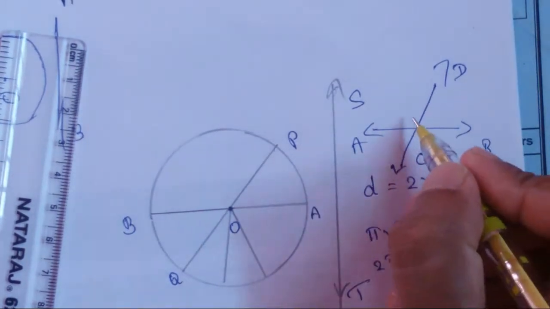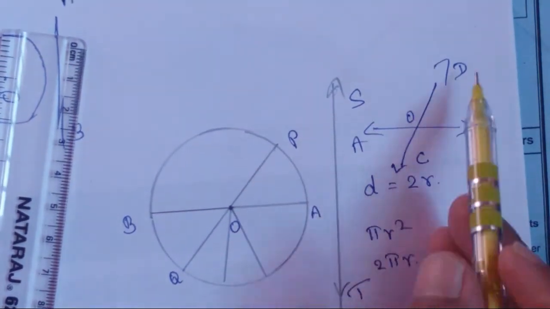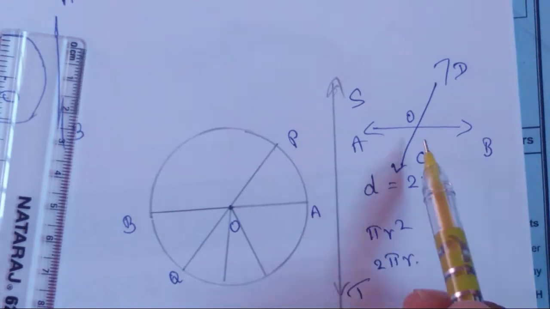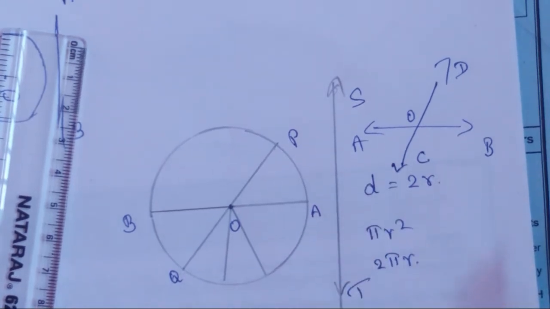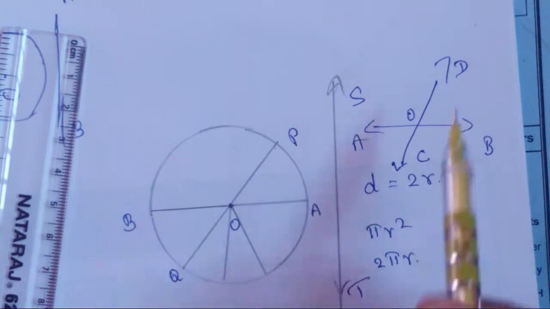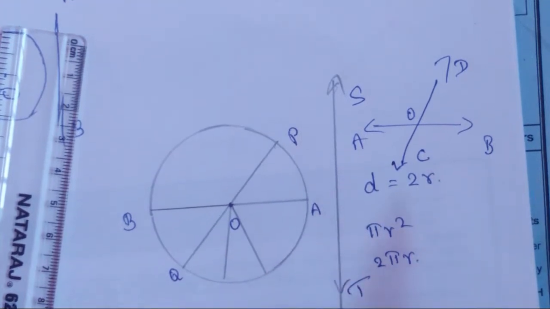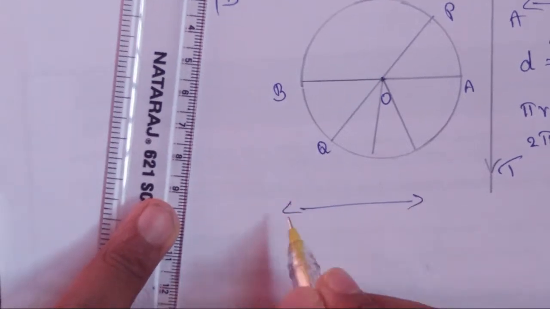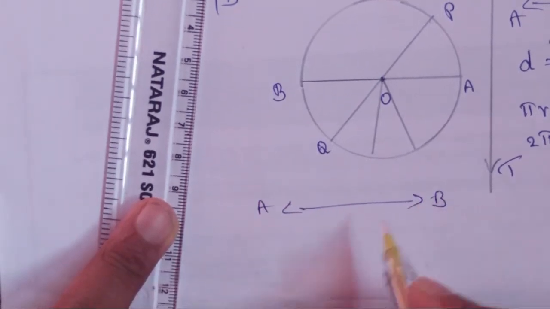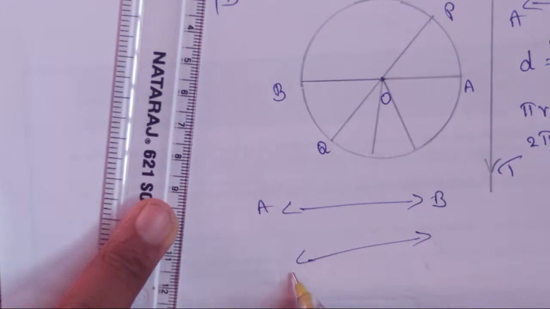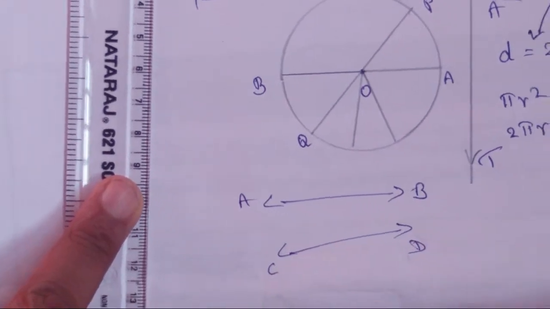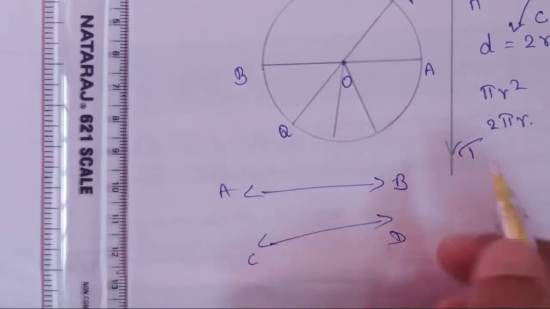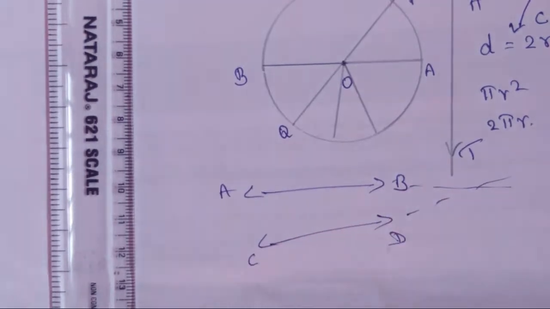I will call this point as O. Line AB and line CD will meet at point O. Okay, so that's why these two lines are called intersecting lines. And if I consider line AB and this line CD, if we extend this, they will meet at a particular point.